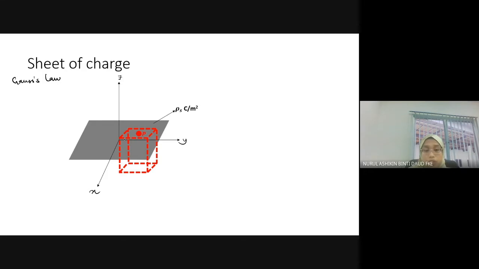And this is a cube Gaussian profile. I put the area of this cube as A meter squared. So we know that D dot product with the S area equals Q enclosed. So first we need to find D.